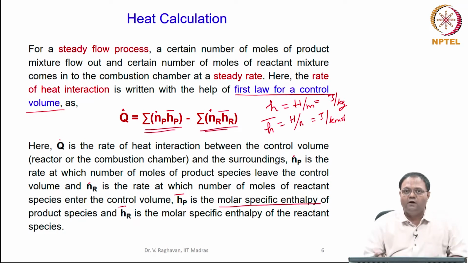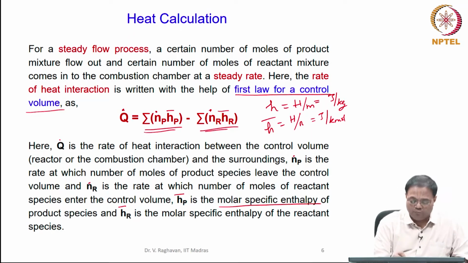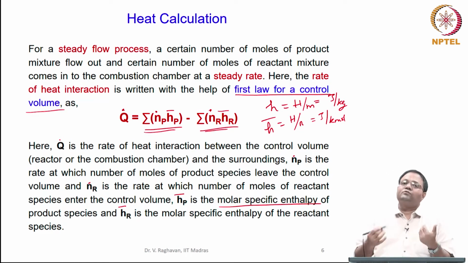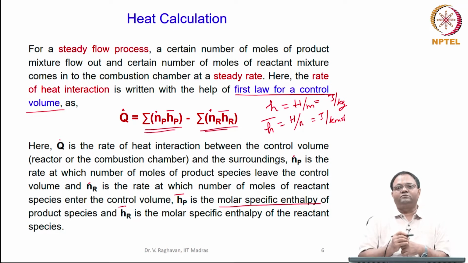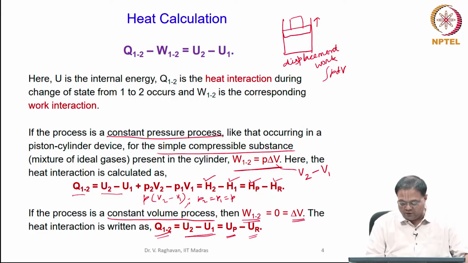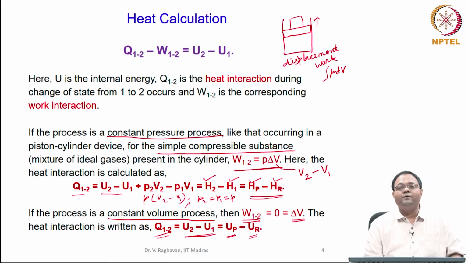So, in summary, this is nothing but product enthalpy minus reactant enthalpy, because this flow process is normally a constant pressure process. We have already seen that for a constant pressure process, the heat interaction in a system, Q12, is HP minus HR, the change in the enthalpy of the system, that is HP, the final state enthalpy, minus HR, the initial state enthalpy.